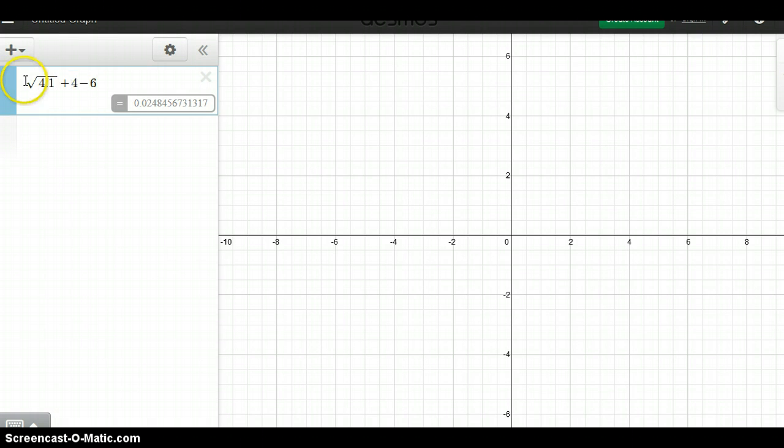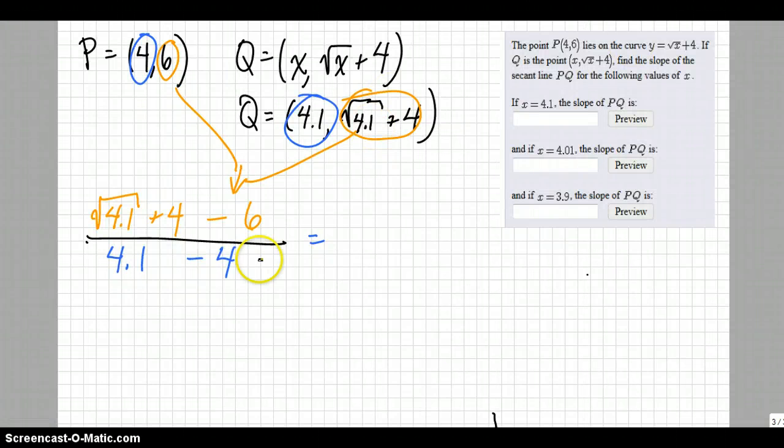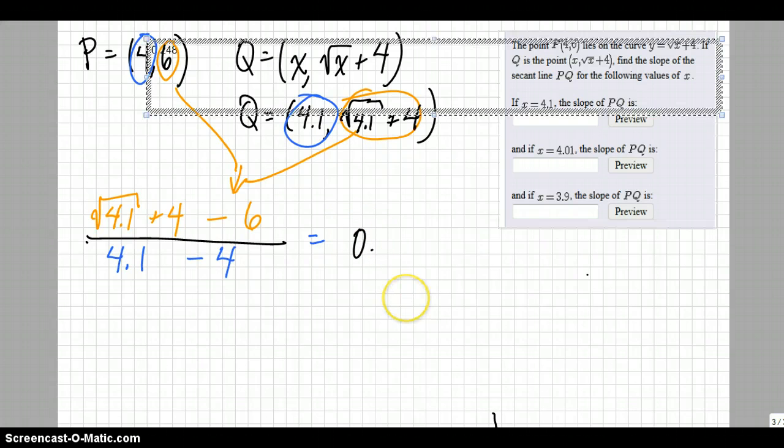And I'm going to divide that by the quantity 4.1 minus 4, and the answer to that is 0.248 if I were interested in it to 3 decimal places. So that's 0.248.